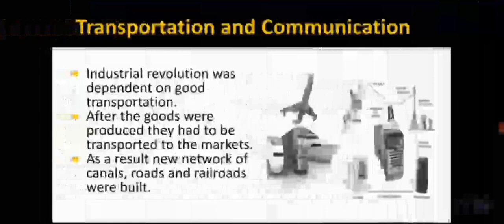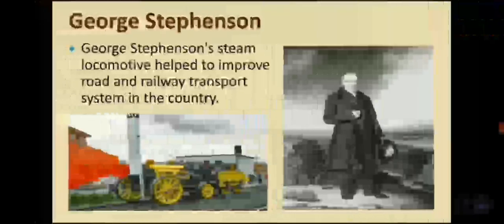After the goods were produced, they had to be transported to different places of the market. As a result, a new network of canals, roads, and railroads was built. George Stephenson's steam locomotive helped to improve the road and railway transport system in the country.